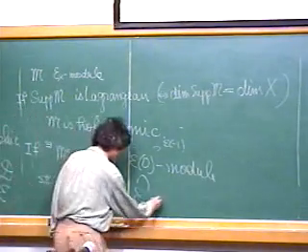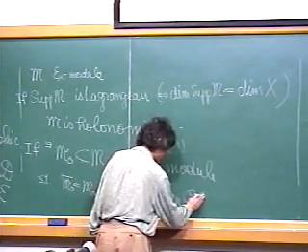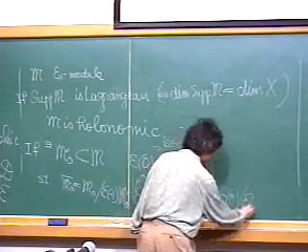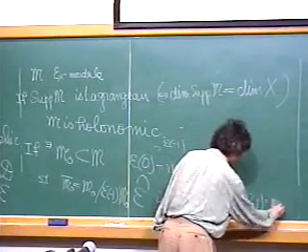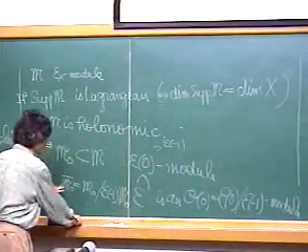So this is an E0, E minus 1 module. So that is always true.